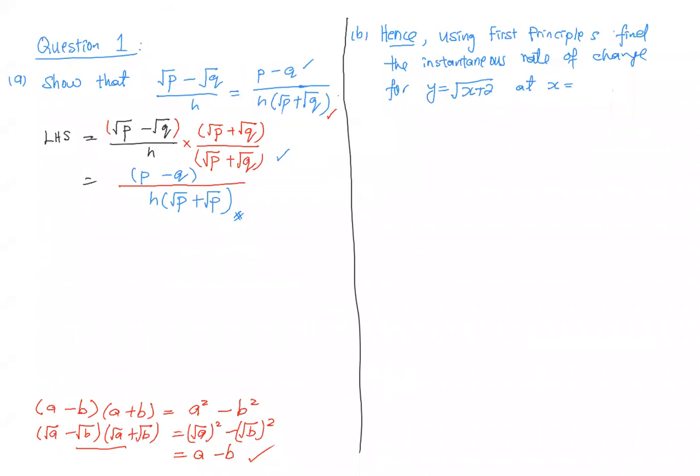Give me a value of x. 3 can. Why 3 can? Because if I put -1, can or not? Cannot. -1 is not part of the domain. You check and see.